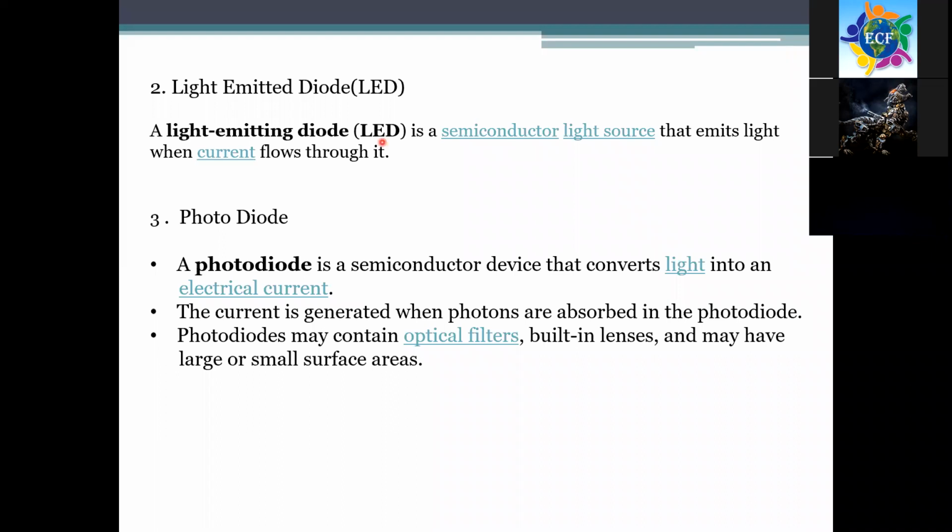The current is generated when photons are absorbed in a photodiode, and photodiodes may contain optical fibers and built-in lenses, and may have large or small surface areas. So this is your photodiode.